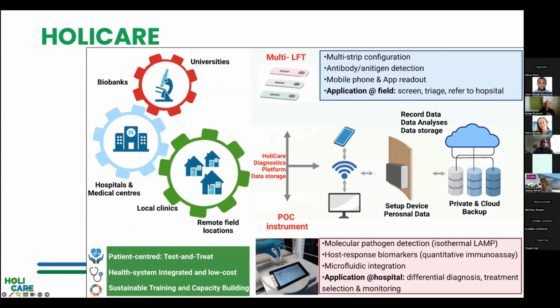So we have two parallel technical diagnostics. One is what we call multilateral flow assays, which is basically a lateral flow assay that could be done in the field for screening, and then based on that, you can refer to a hospital. The other one is an advanced molecular tool based on an isothermal amplification method called LAMP, combined with host response biomarkers, using immunoassays to look for host response to infections.